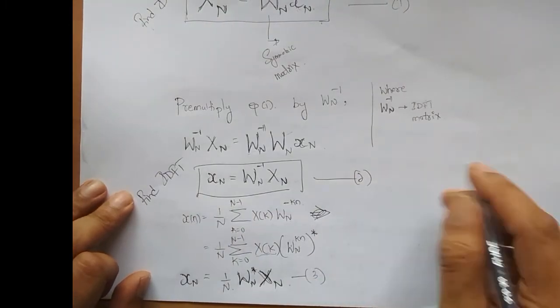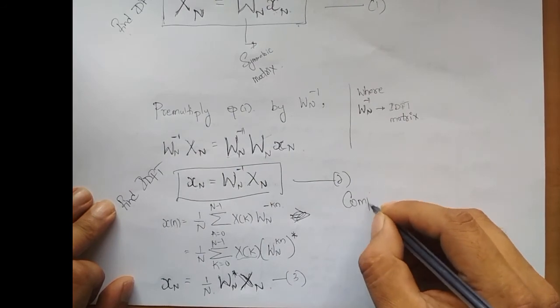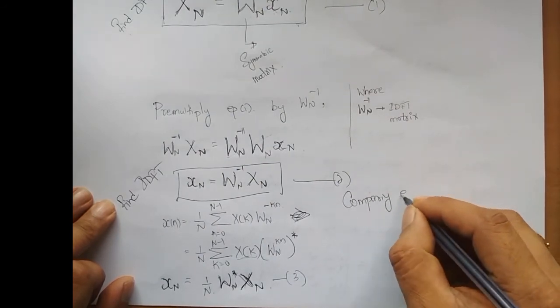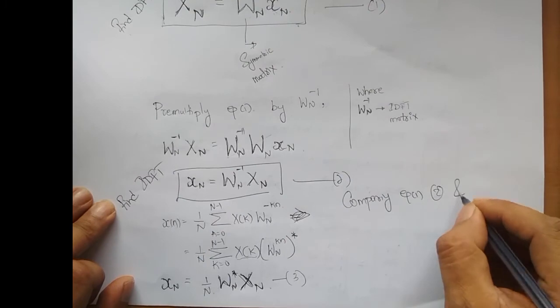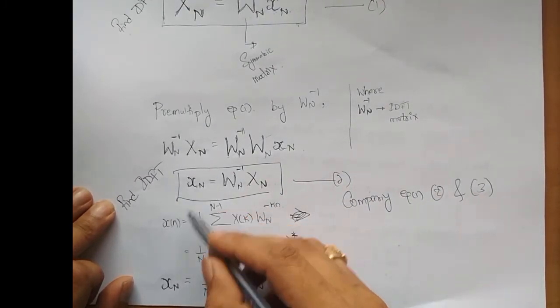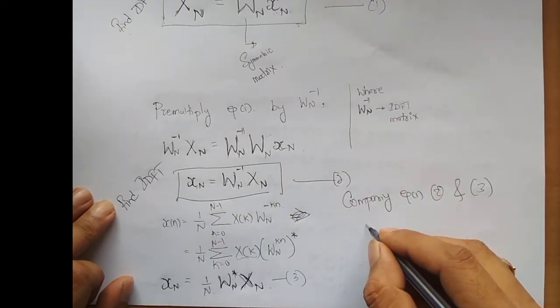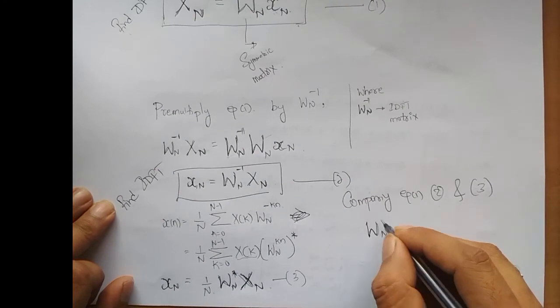So comparing equation 2 and 3, what do we get? I have xn here and capital Xn here. What is this? This is nothing but Wn power minus 1.